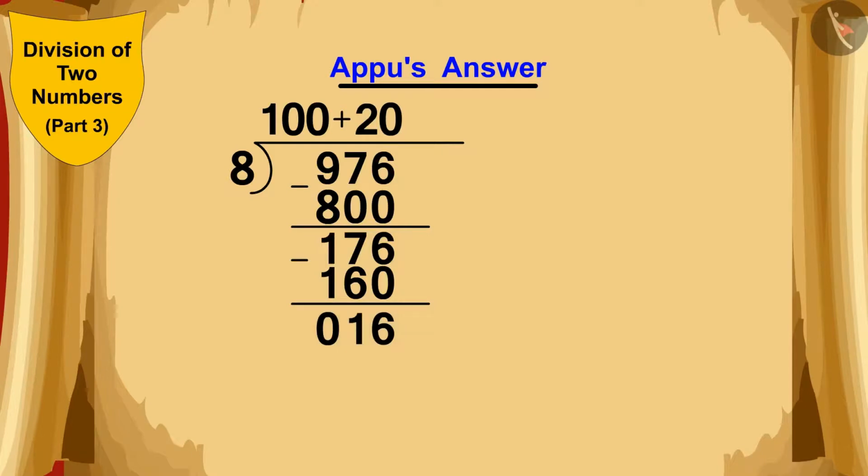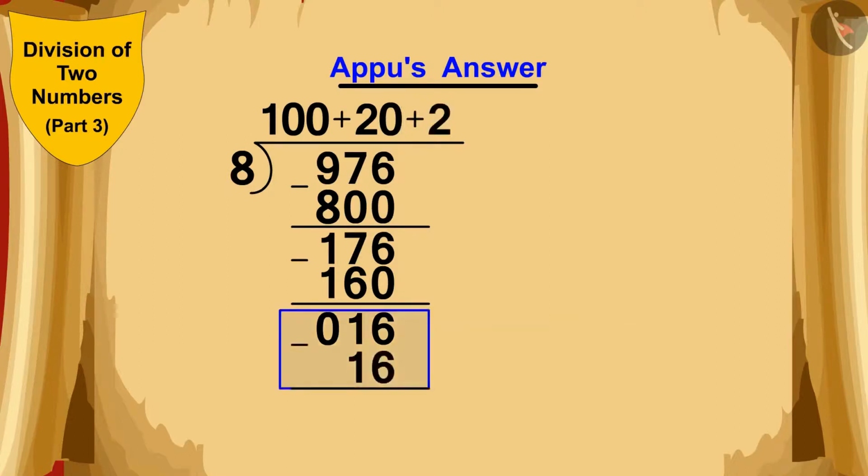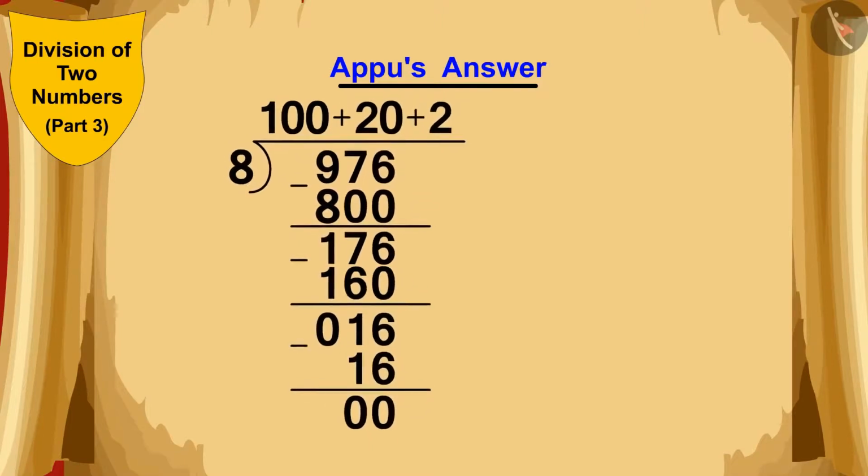Now, finally, Appu saw that 8 times 2 is 16, and he quickly wrote down 2 at the top, and he deducted 16 from 16 and wrote 0 at the bottom.